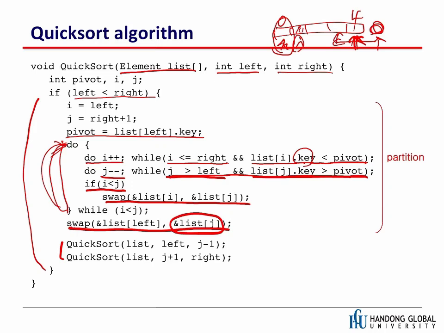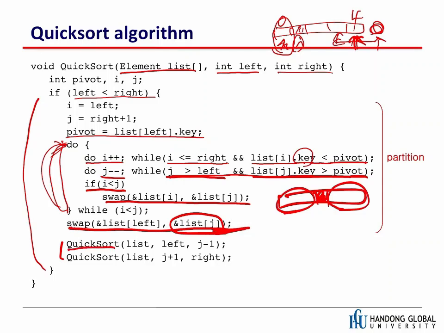Okay, so now we finish one partitioning. By this statement, we put the pivot number in place, and we have smaller elements and larger elements. Okay, good.